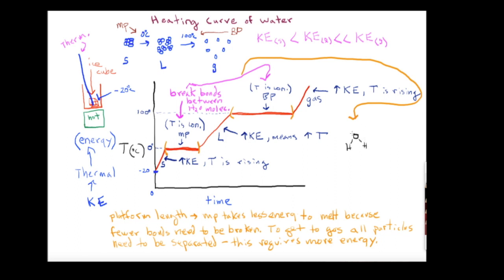And I'm going to put a circle around them. And this one is bonded to another one. I'm drawing very simple water molecules. I'm not even putting the external electrons in. So here's the second molecule. And this is the bond.